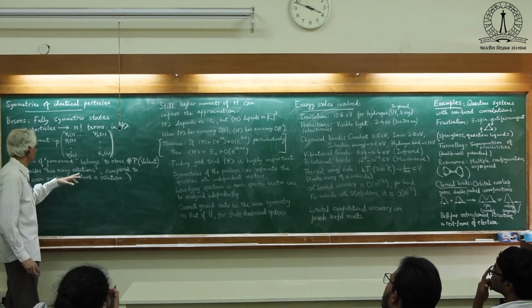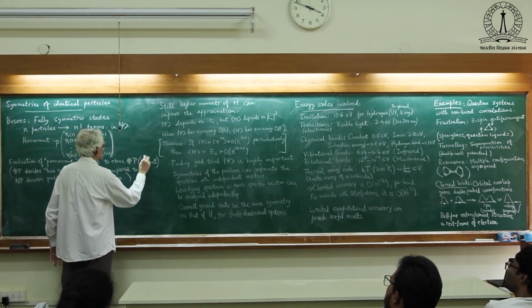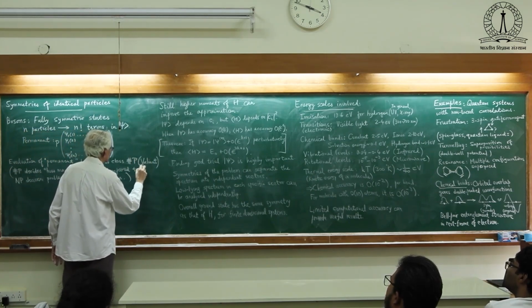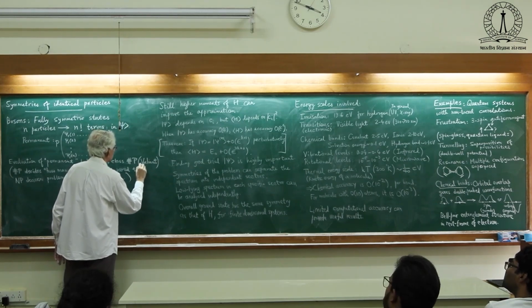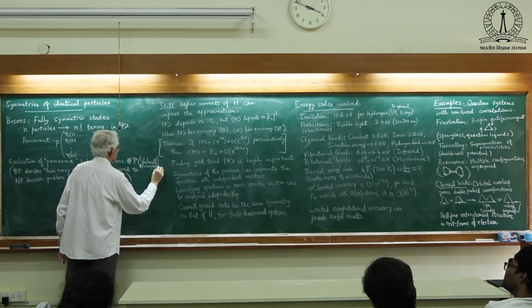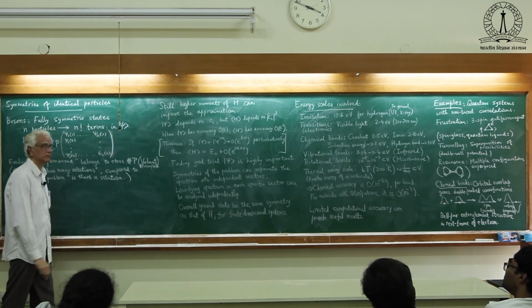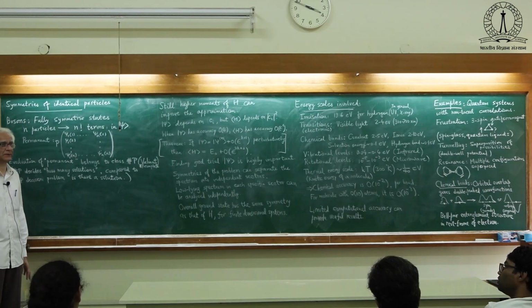And what Valiant actually proved is that this is not only #P, it is #P-complete. That means if you solve it, you will solve all other problems in that particular class.